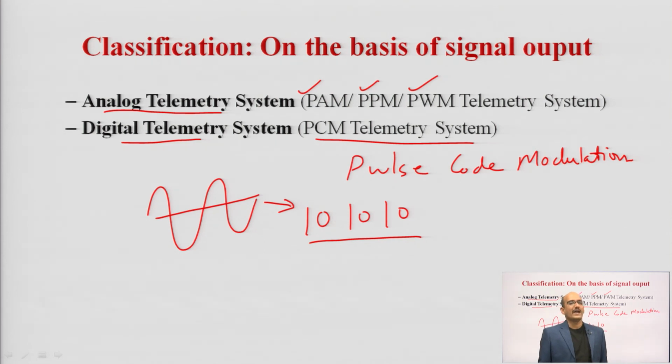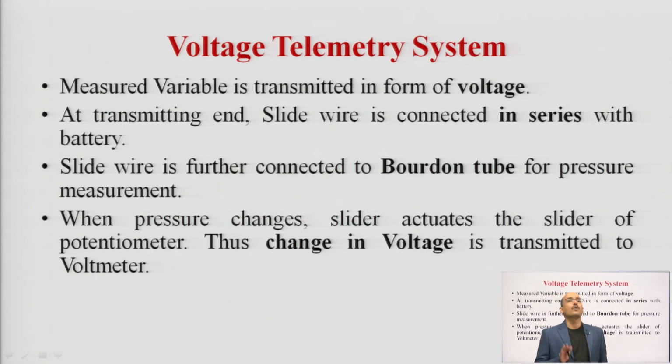Now, as per this classification we are going to study various kinds of telemetry system in our next coming lectures. Starting with that, you can see the voltage telemetry system. Whenever you are understanding any telemetry system, first of all classify it.